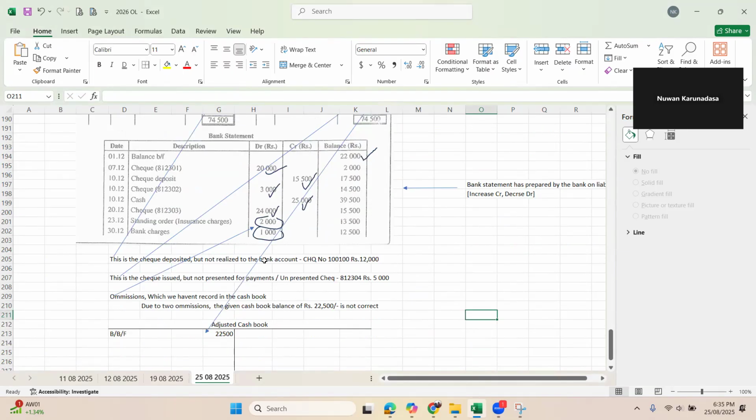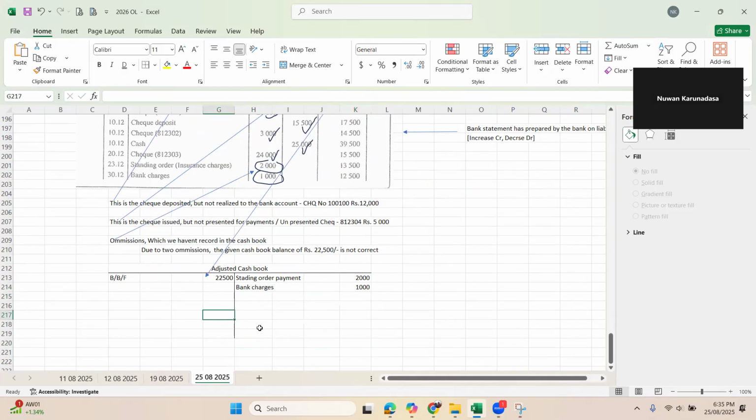Both are payments, so we must credit the standing order payment 2,000 and the bank charges 1,000. Now we have recorded the two omitted transactions.